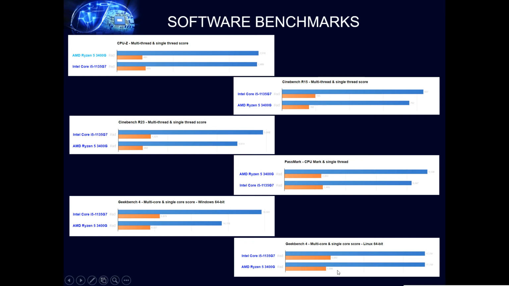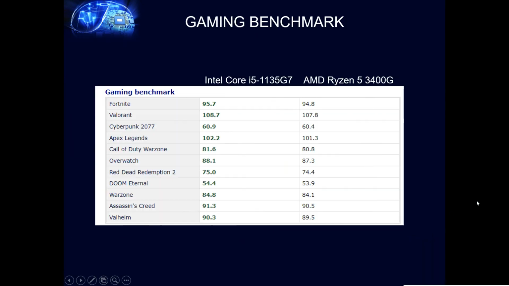And it's the same. Intel Core is the winner again here. The slight advantage here, only 41, I think. Next we have the gaming benchmark.